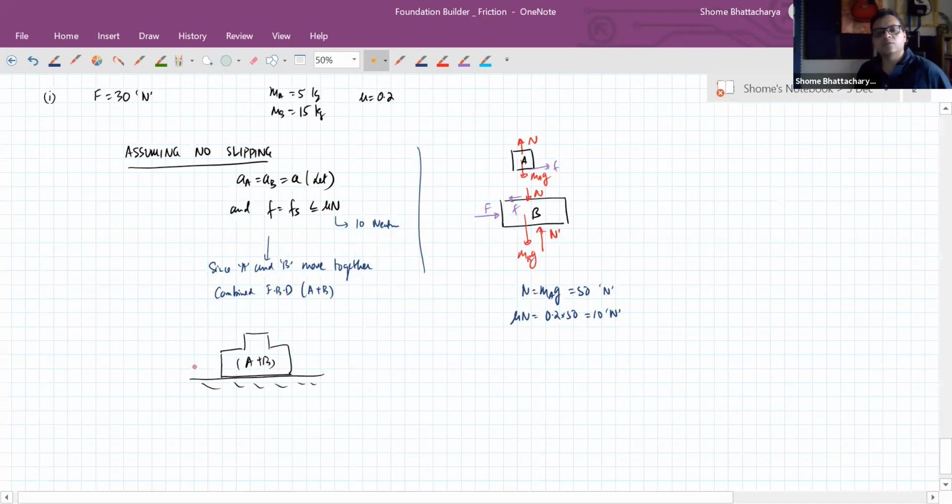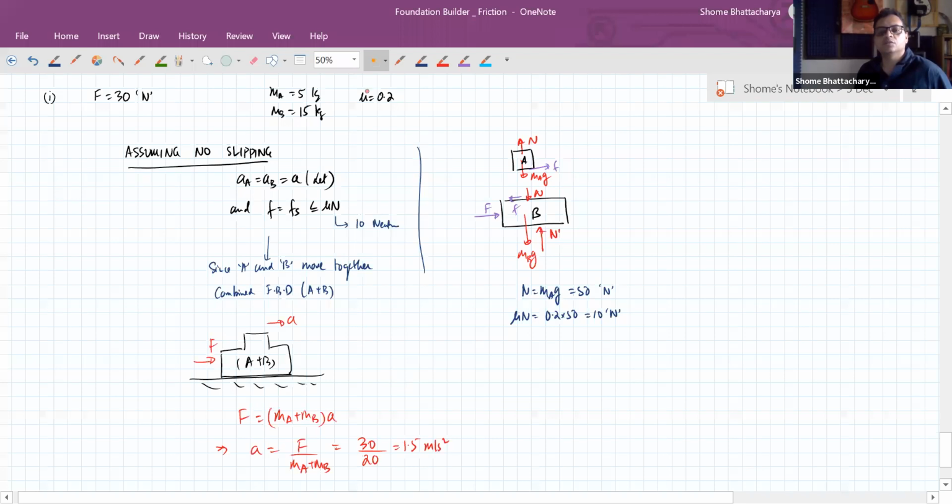So it's very easy to calculate how much that common acceleration should be. That common acceleration should be force divided by total mass. So that is 30 divided by 20, or 1.5 meters per second square.